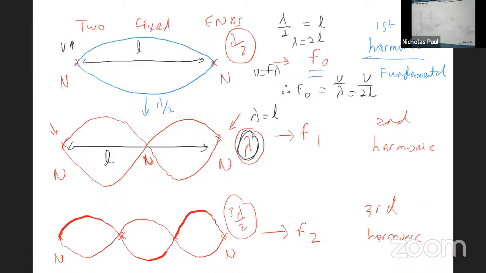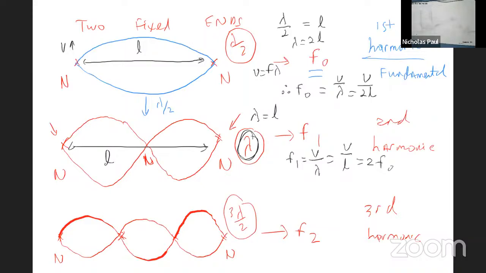The formula for F1 is equal to V over lambda, which is V over L. Or we can multiply 2 by F0. If I multiply this by 2, you will see again V over L, which is F1.